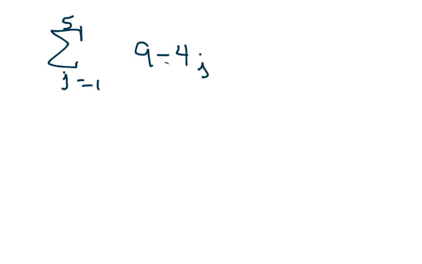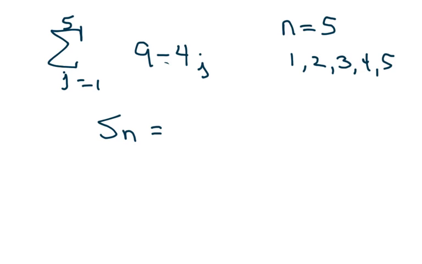So when you find the sum, we have 4 terms. Do we have 4 terms or 5 terms? Yes, we have 5 terms. So we have 1, 2, 3, 4, 5. Technically, you plug all those in.